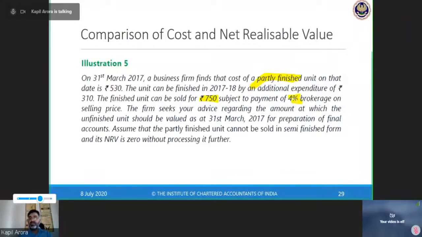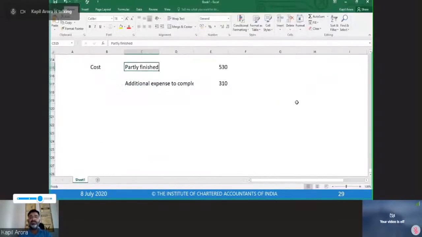Now the firm is looking for advice on what amount should be taken as the value of inventory. To find out the value of inventory, we have got cost, but we have to find out the net realizable value so that it will be easy for us to find out which one is lower.